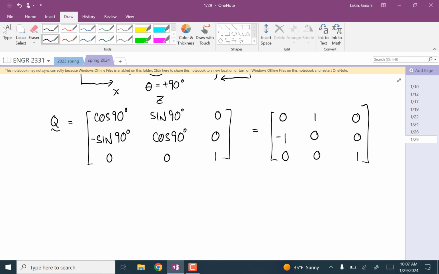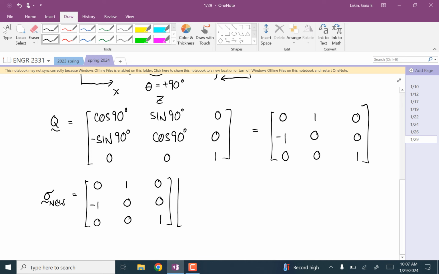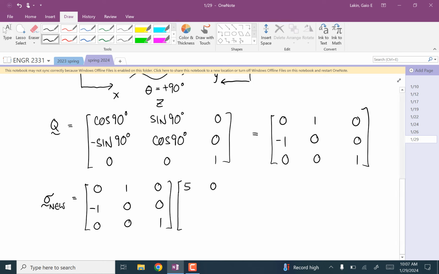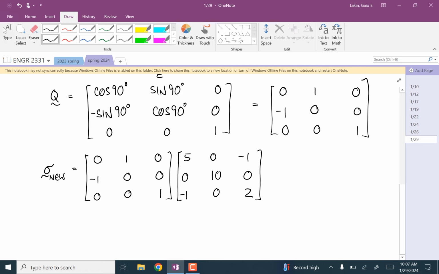And so the stress tensor in the new coordinate system is going to be 0, 1, 0, negative 1, 0, 0, 0, 0, 1, times our original coordinate system, which is 5, 0, negative 1, 0, 10, 0, negative 1, 0, 2, times the transpose of Q. So to write the transpose, just make every row a column.